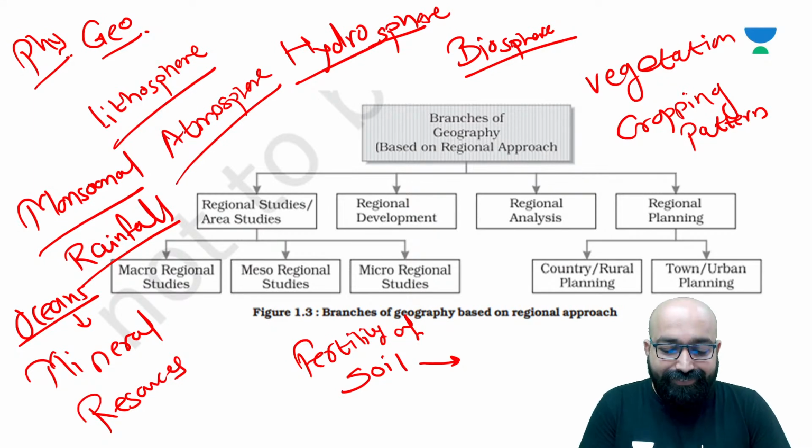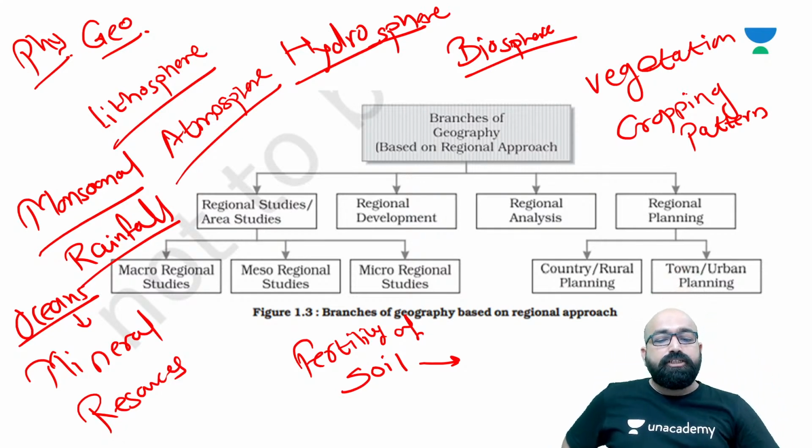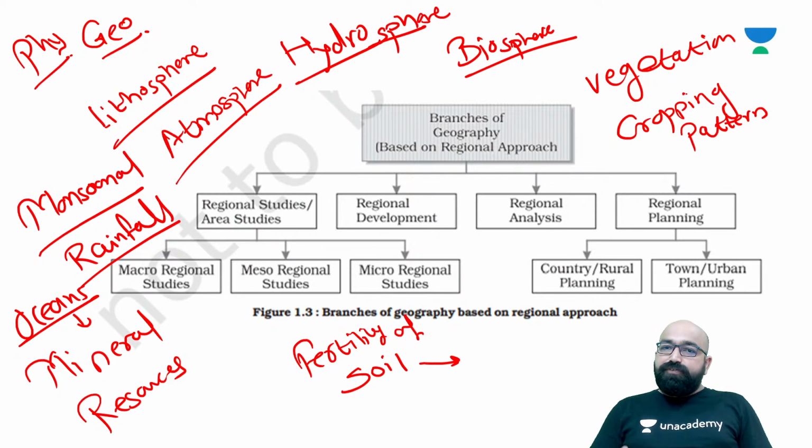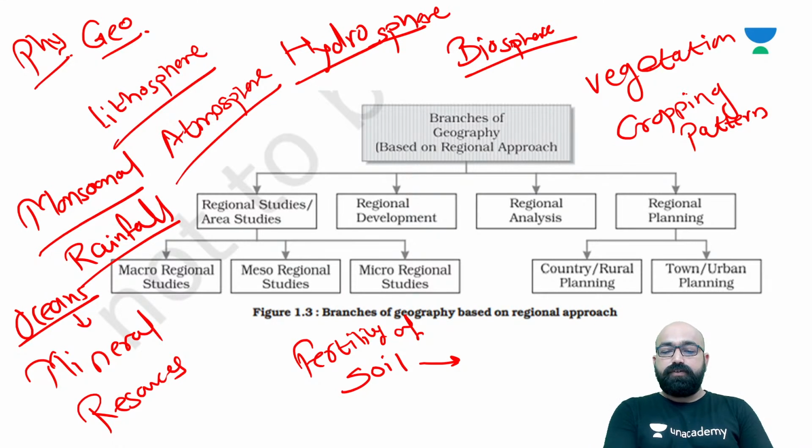The geographer Richard Hartshorne explained that geography is concerned with the description and explanation of the areal differentiation of the Earth's surface, whereas another geographer, Hettner, described geography as studying the differences of phenomena usually related in different parts of the Earth's surface.